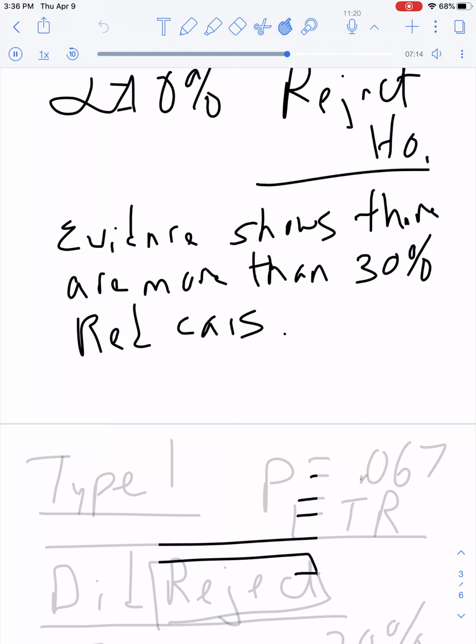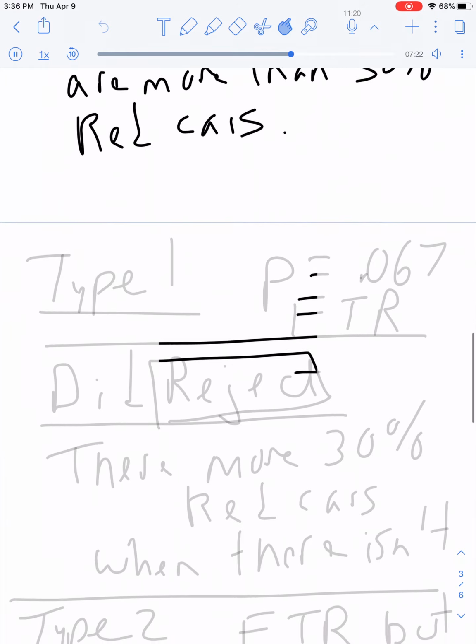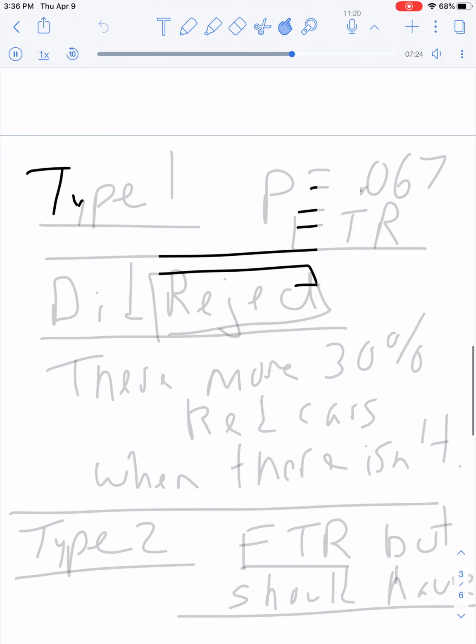All right. That should be a pretty good idea then of how to do a hypothesis test. Now, let's go to what a type 1, type 2 error would be. If we have a type 1 error on the original, remember on the original we got the p-value of 0.067 and we failed to reject.